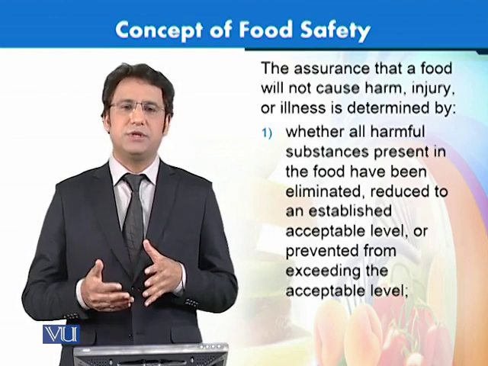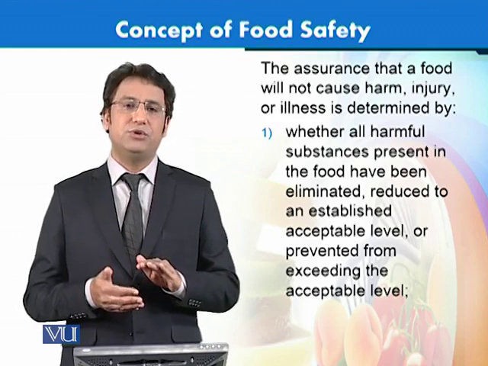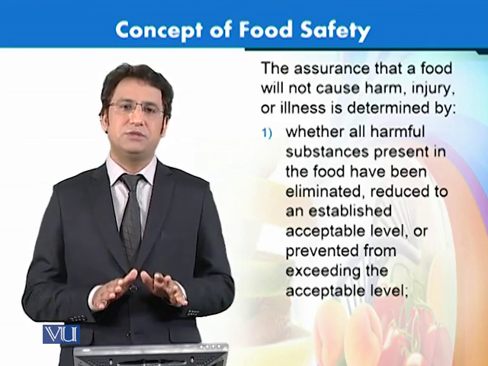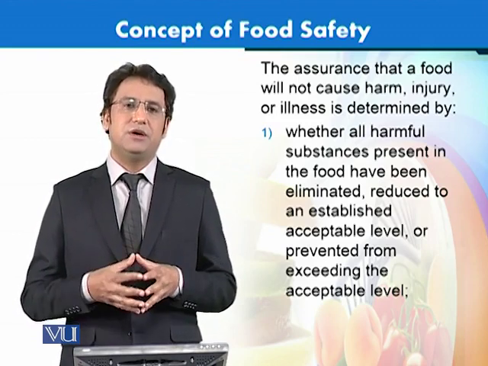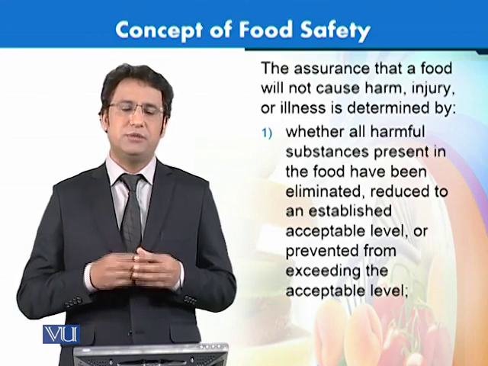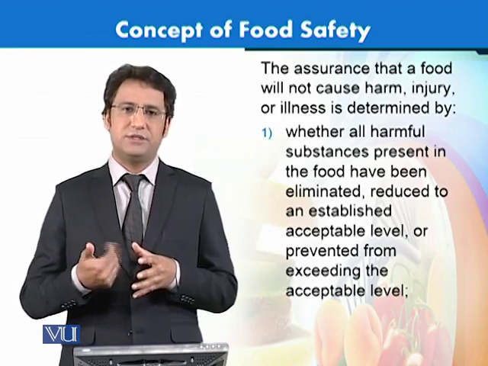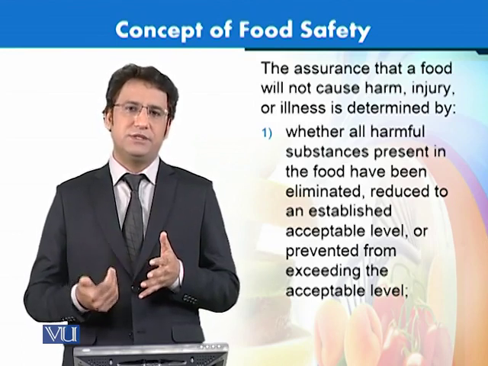For example, in the case of a pathogen, we can treat the food in a way that we destroy all the pathogens. In the case of sterilization, this is one condition. Another is pasteurization, where we heat the milk gently, not at as high a temperature as in sterilization.